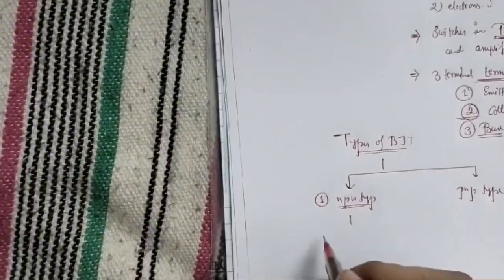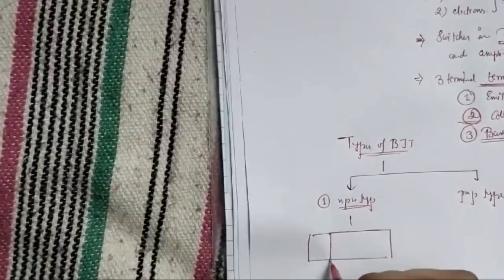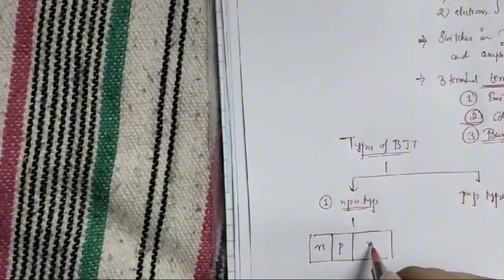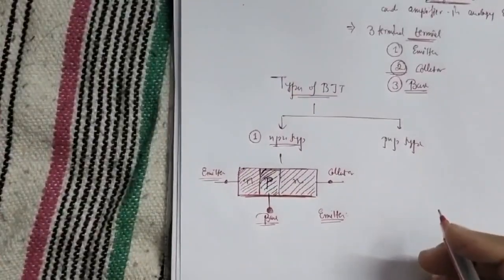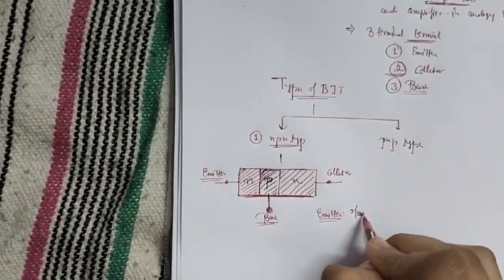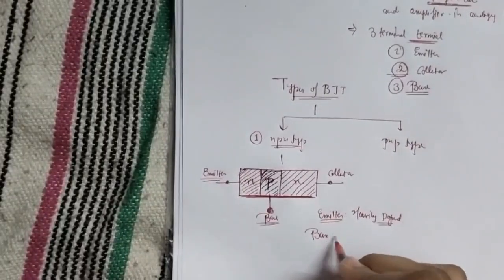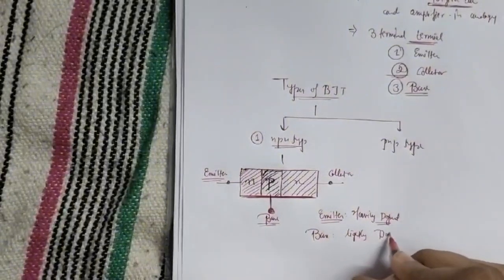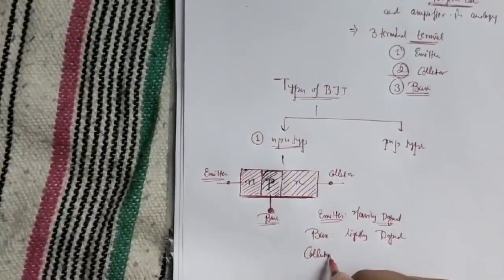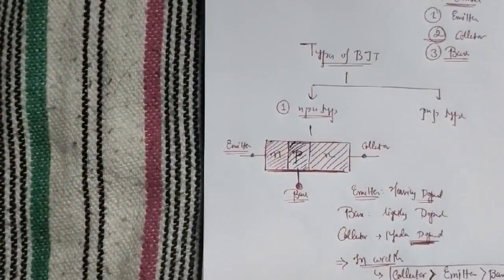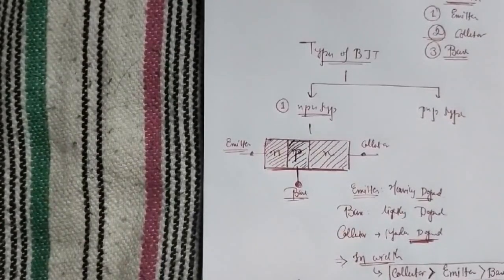So in NPN type we have a combination of two PN junctions, N, P, N. We need to know here that emitter is heavily doped, base is lightly doped, and collector is moderately doped. Now the width of collector is greater than the width of emitter, greater than the base. Hence base is the narrowest among these three.